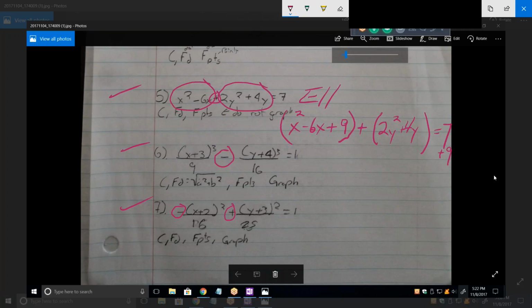Now, to complete the square on the y stuff, what do I got to do? I can't complete the square right away. There's something wrong. What is it? The 2. Okay, what do I got to do? You got to factor it out, so that we have this.